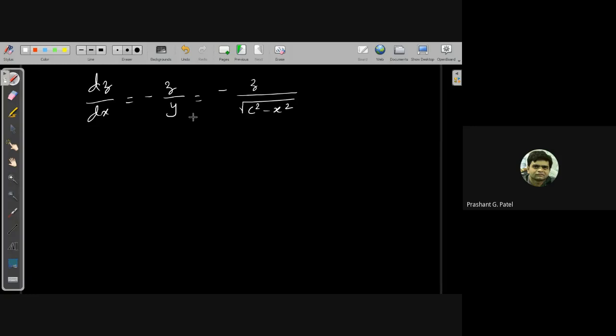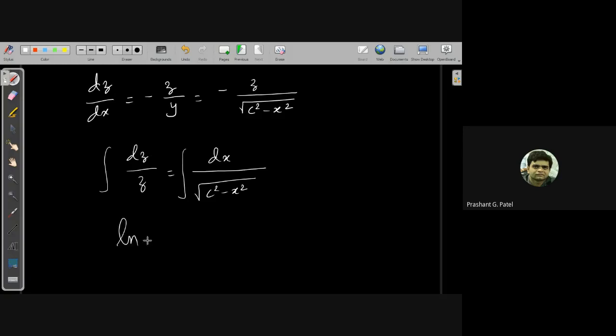Now again use the separable variable method to obtain the solution for this one. So it is dz by z is equal to dx by square root of c square minus x square. If I take the integration both sides, this is ln of z is equal to integration of 1 upon square root of c square minus x square.